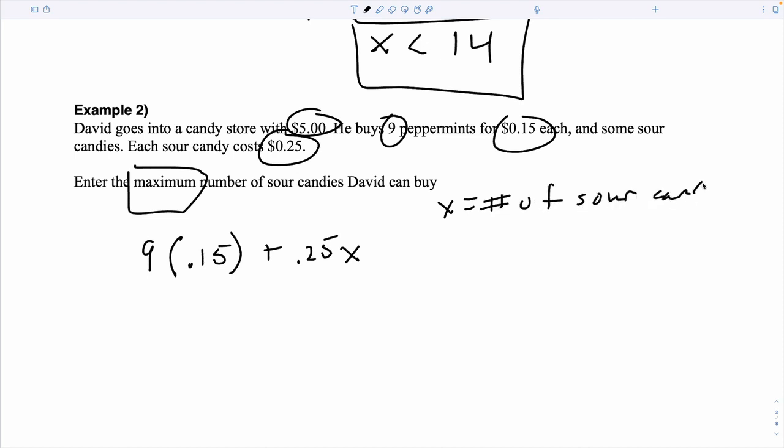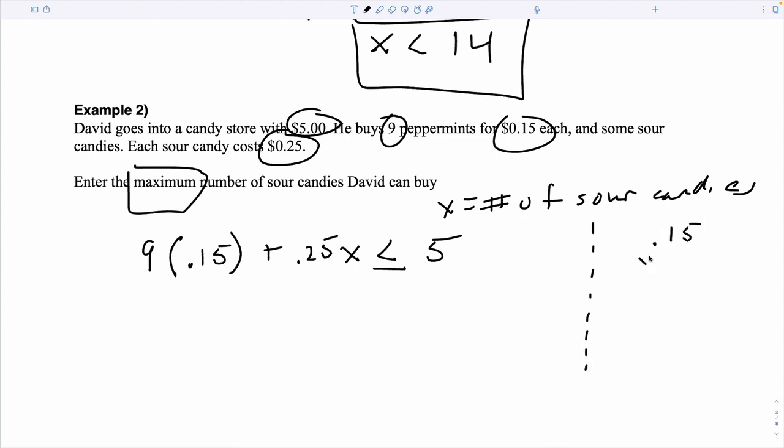You're trying to find that part, and let's fill in the rest of it. A maximum amount. What would maximum be, Chad? If you have a max, anything less than that would work, and then it should be $5. We have decimals, and you're going to multiply 9 by 0.15 on your own.